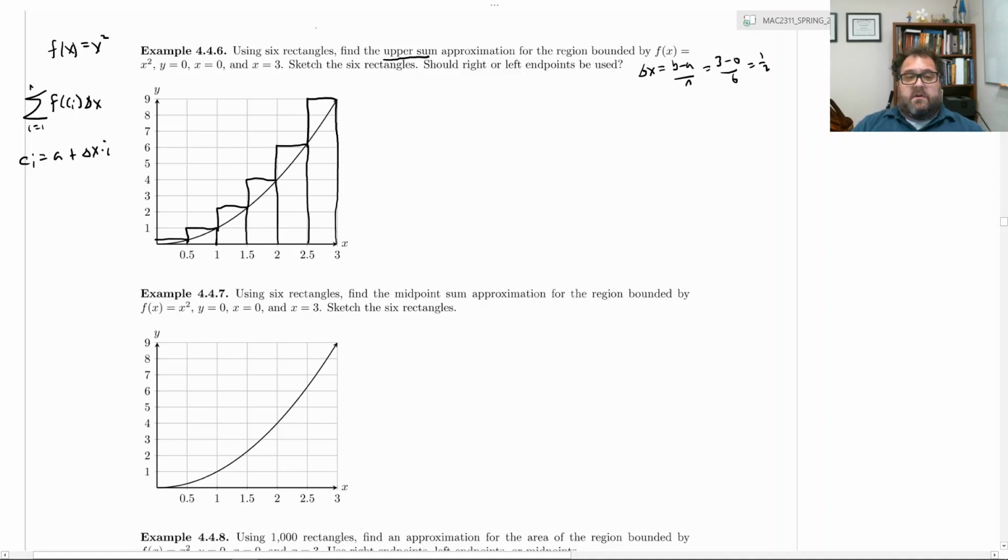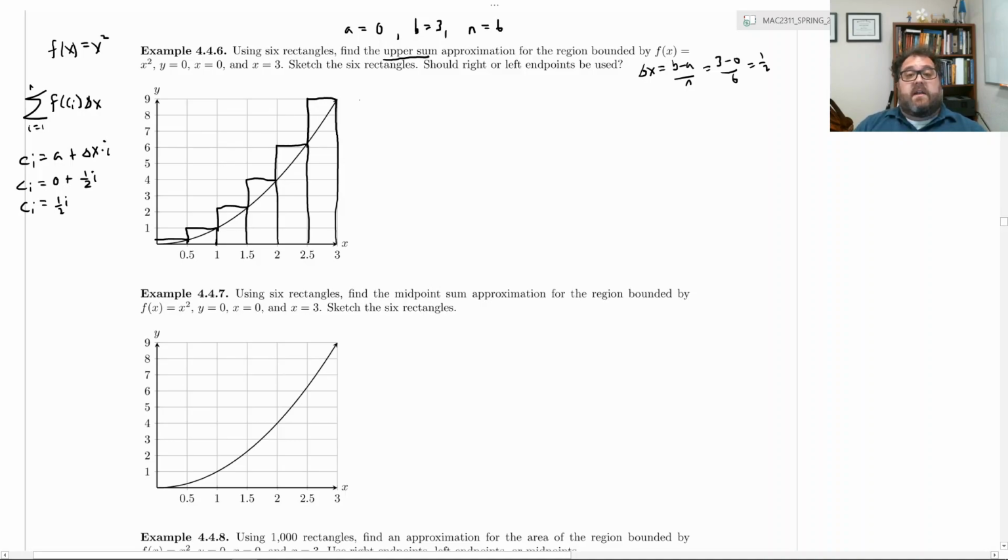A is always the left-hand endpoint of your region, so a is 0, b is 3, and n is 6, because there are 6 rectangles. We've already calculated delta x is 1/2, so c sub i equals 0 plus 1/2 times i. In other words, c sub i is just 1/2 times i.